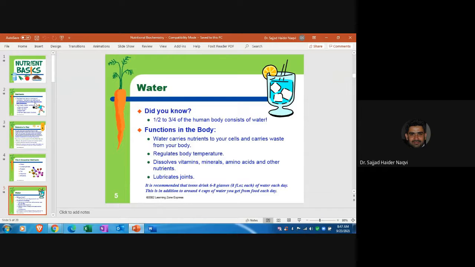The third important function is that water, we all know, is a universal solvent and it dissolves a large variety of molecules. So that's why it's the best choice of solvent for us, because it dissolves vitamins, minerals, amino acids, and a long list of other nutrients.